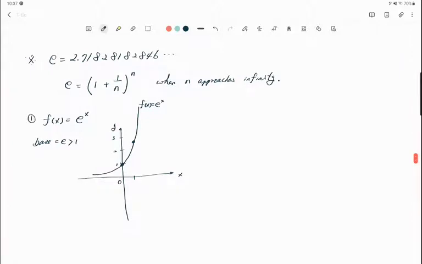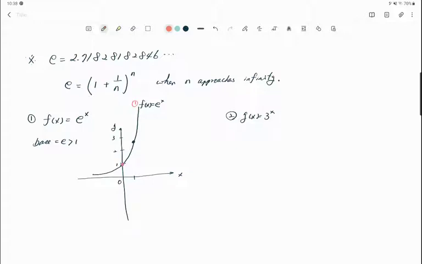All right, then let's try another one, g of x. Let's use a different notation. G of x is 3 to the x. Now the base is greater than e. Let's use the red color. This is graph 1. For graph 2, when x equals 0, then y equals 1.